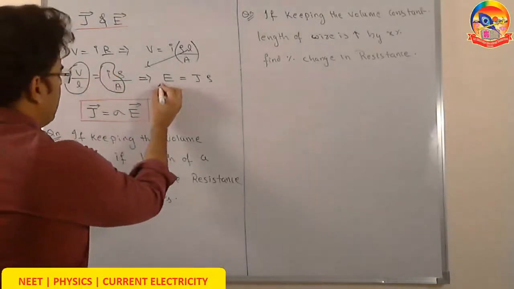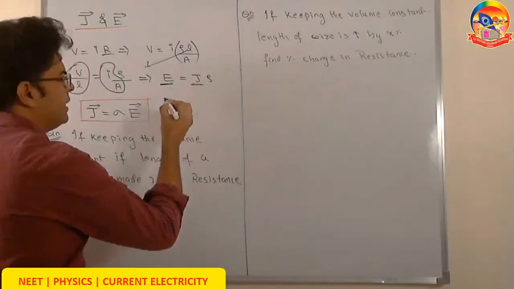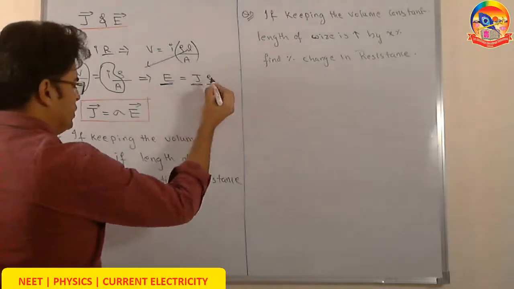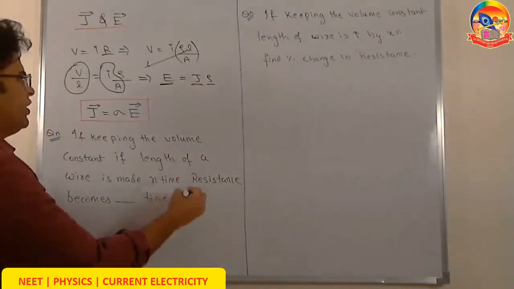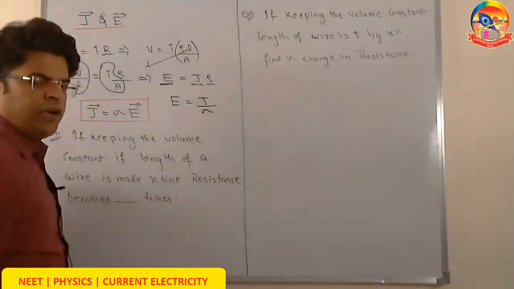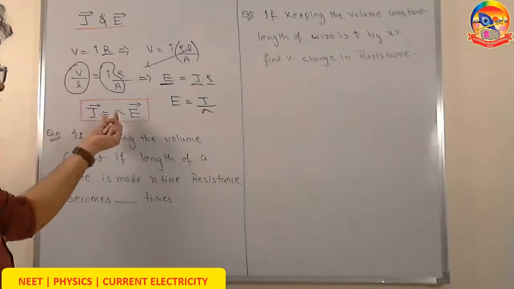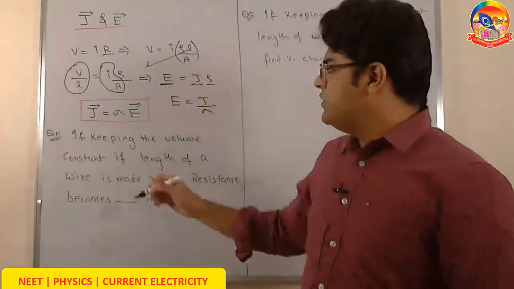Potential drop per unit length can be written as electric field. Current per unit area can be written as current density into resistivity. We know that the reciprocal of resistivity is conductivity, so I can even write this as E equals J by sigma. The symbol of conductivity is sigma, or J equals sigma E. This is the relationship between current density and electric field.